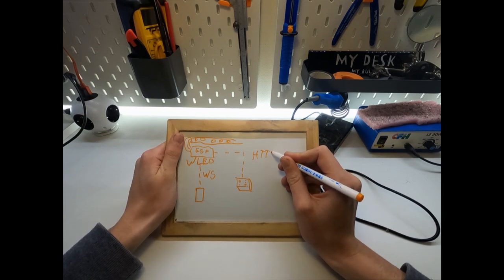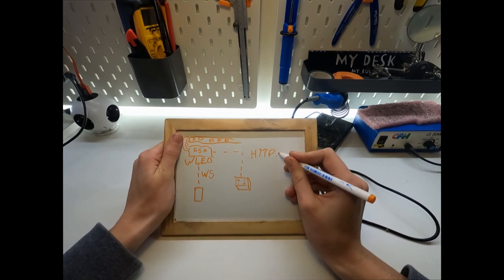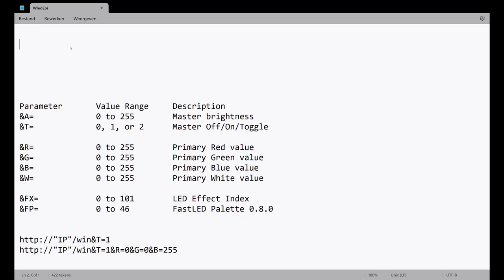HTTP request. So the nice thing of HTTP is that it's easy to modify. It's just HTTP, slash the IP address of the LED strip, so it knows where the LED strip is.